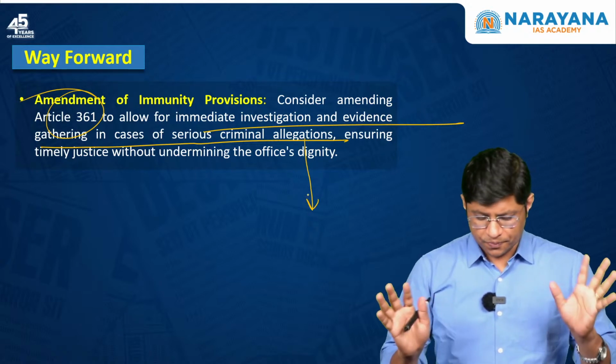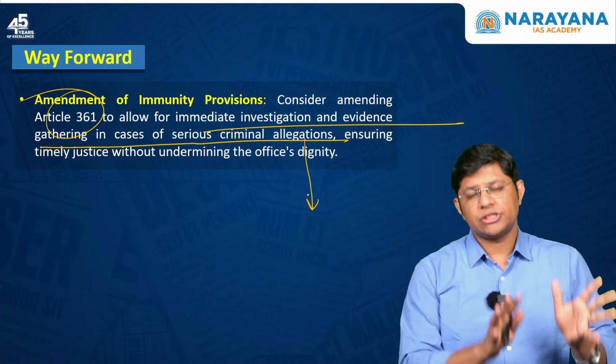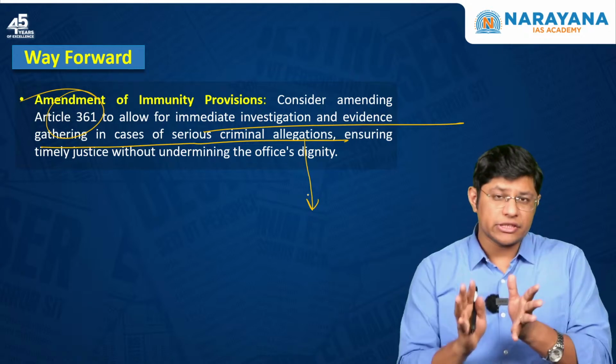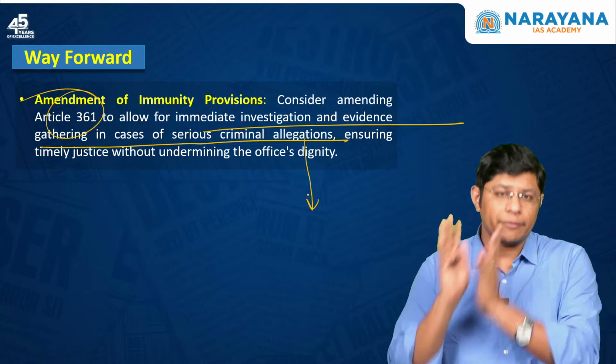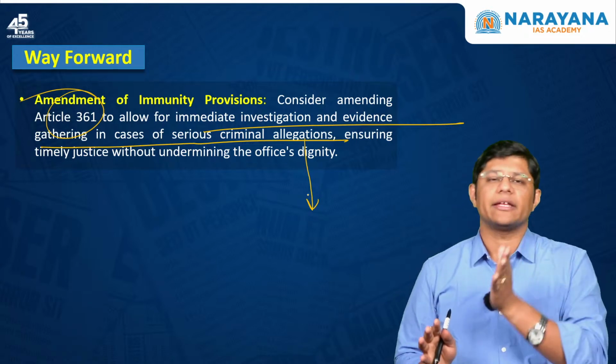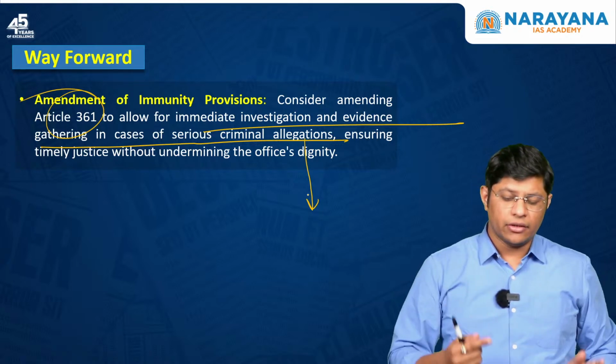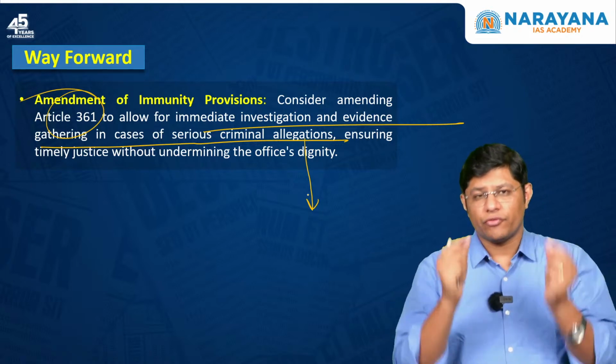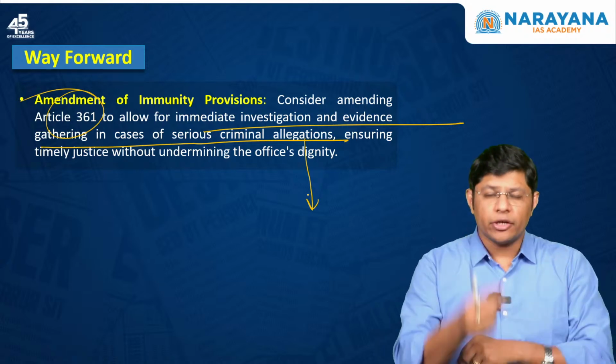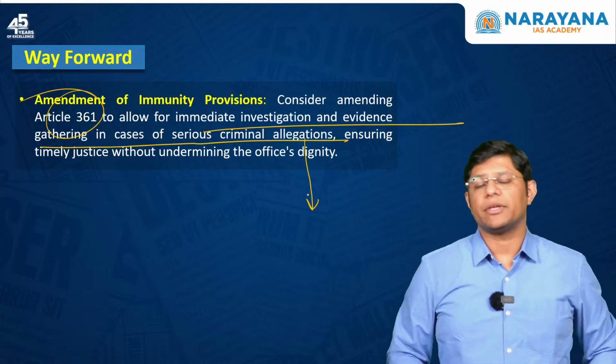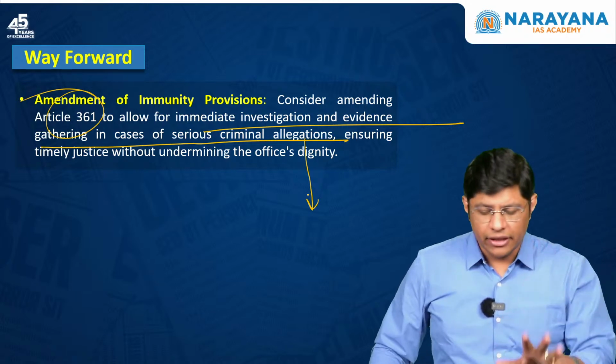So, these are the provisions of protection or immunity given to a president and the governors. Now, the extent to which the immunity is given to a president or governor is something the Supreme Court is interpreting and understanding.